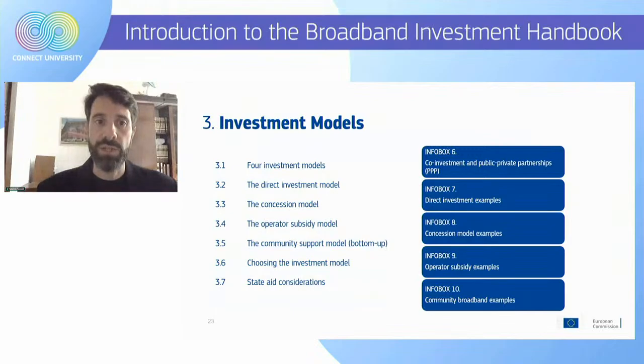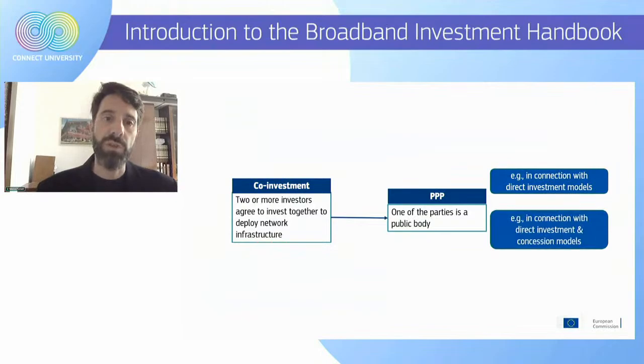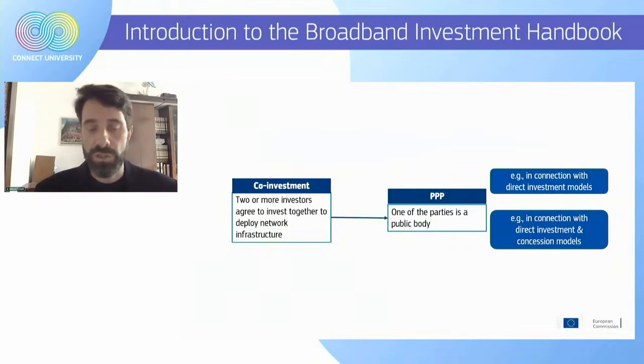So if you take the next one, I can give a brief overview. Yes, there is also an info box about co-investment and PPP, and I put a slide here because these are also terms that are sometimes used differently by different people. What we mean here by co-investment is the situation in which two or more investors agree to invest together to deploy an infrastructure.